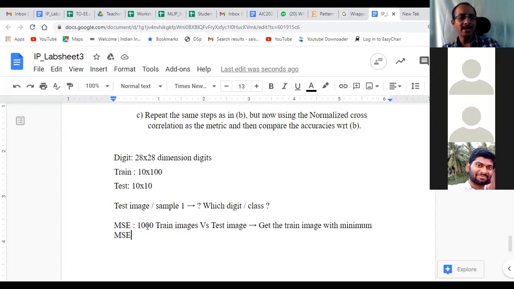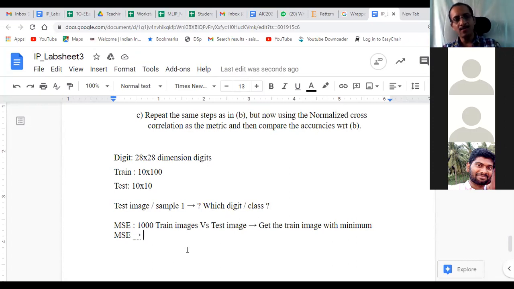I have got the 99th image as the minimum error, the 99th image in the trained data set, maybe some digit 6. Then which digit is the test image? What do you suggest? For whichever image I get the minimum mean square error, I'll find the class of that image and put the test image in that class.